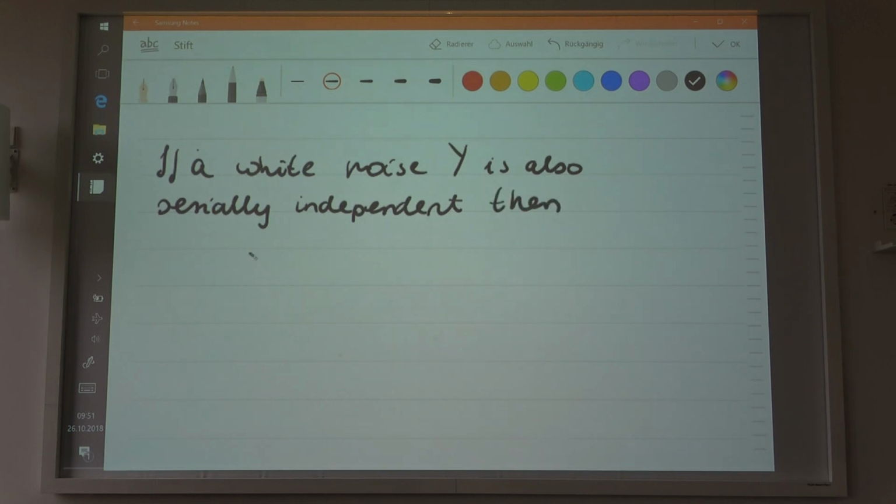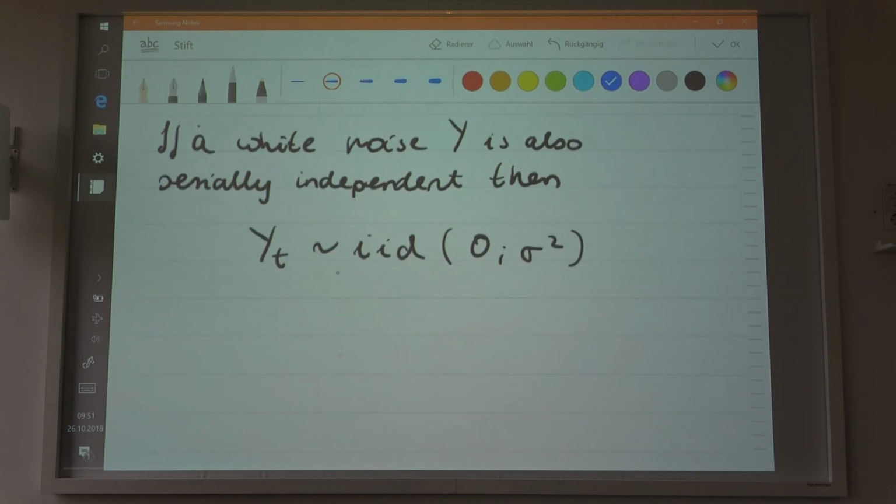We write the following: here you have yt, and yt is a so-called IID random variable, meaning independent and identically distributed.